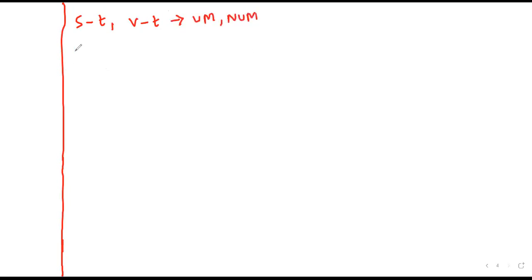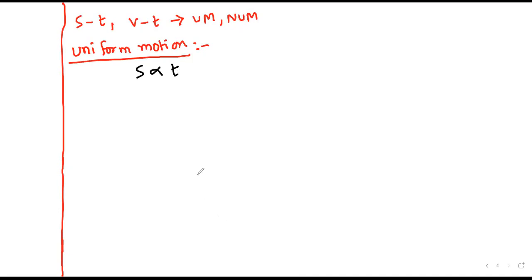Firstly, I am going to discuss uniform motion. By definition, uniform motion means a particle travels equal distances in equal intervals of time.